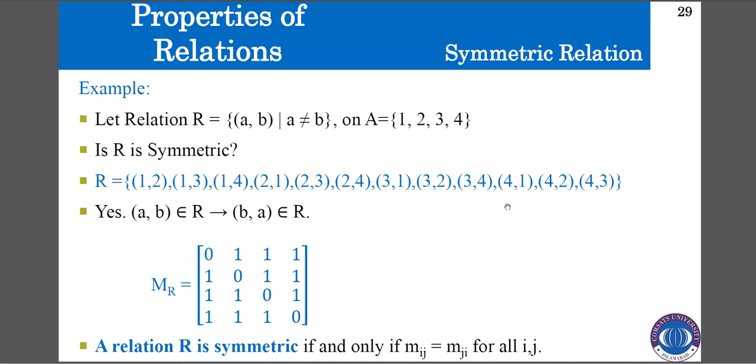Yes, this relation is symmetric because for every pair (a, b) belonging to R, the pair (b, a) also belongs to R. The matrix representation of this relation is given below. A relation is symmetric if and only if m_ij is equal to m_ji for all i, j. So the user can easily identify from the matrix that this relation is symmetric.